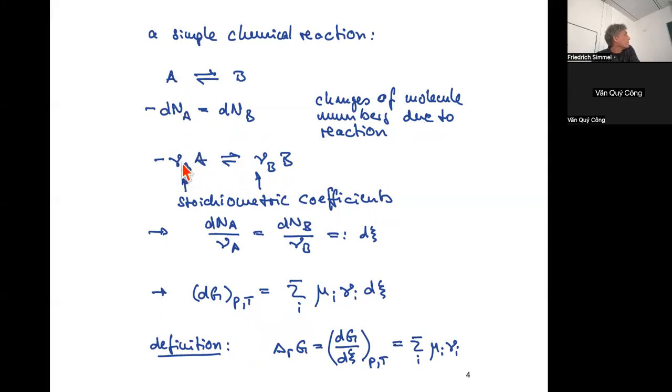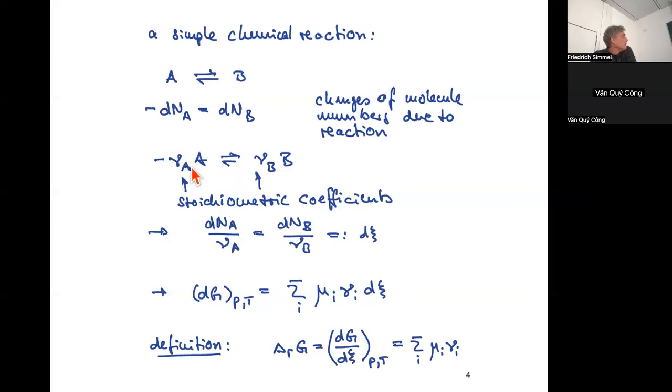So sometimes you have coefficients in front of these when, for example, several molecules of A convert into one molecule of B or vice versa. And this is encoded in these so-called stoichiometric coefficients.